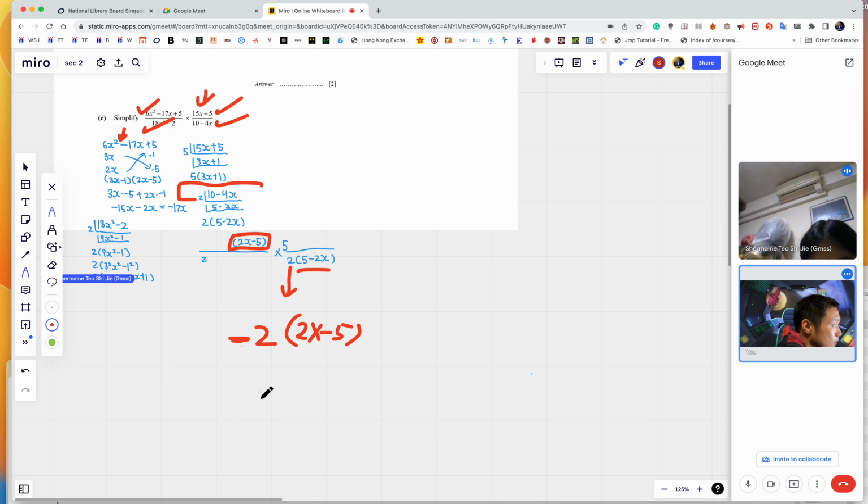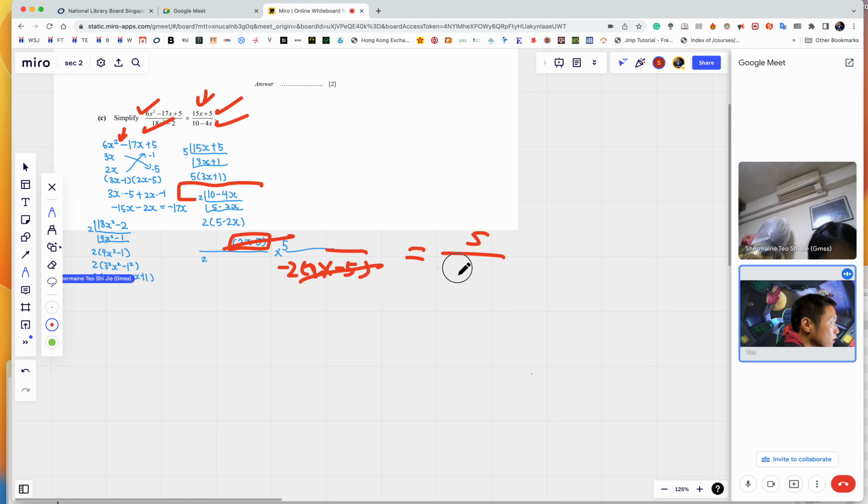Okay, good. So this whole thing is replaced by this thing already. Once you have switched it around by putting the minus sign in front of the 2, then you can actually cancel the 2x minus 5 now. So the entire thing now is very neat. It's 5 over negative 4.